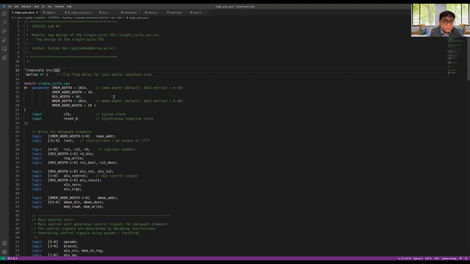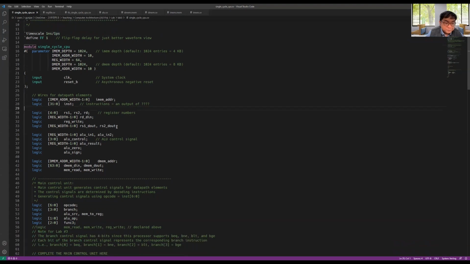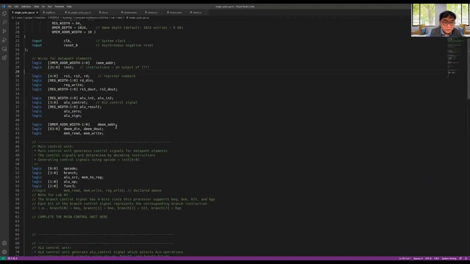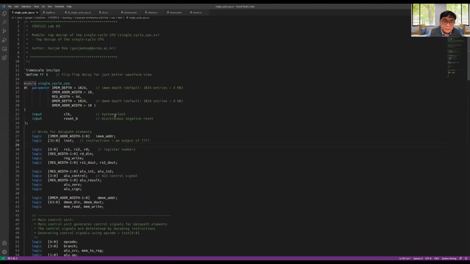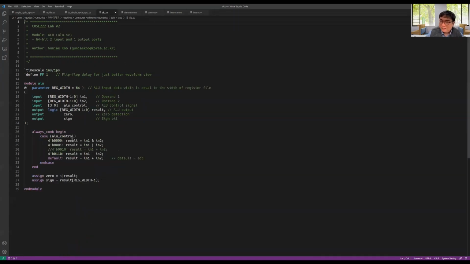So actually for this lab assignment number 3, I provide the completed design for data path elements. If you see the lab codes, you can find the completed data path elements.